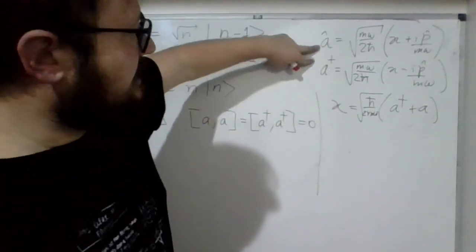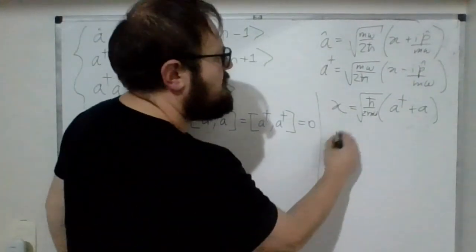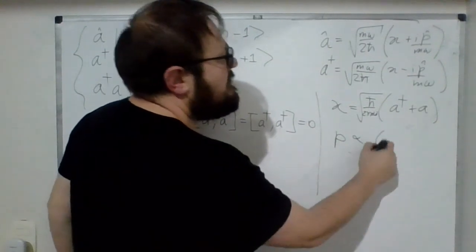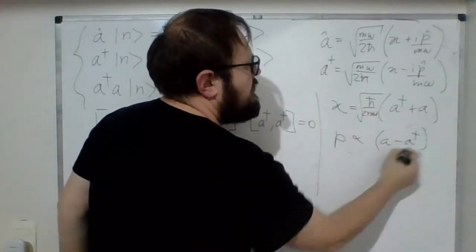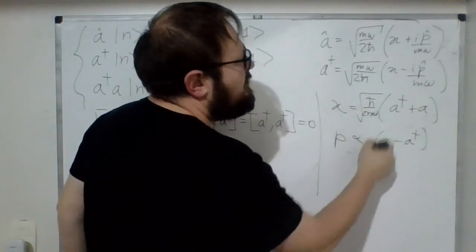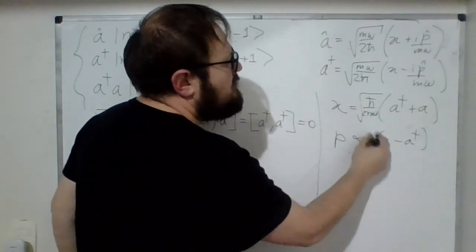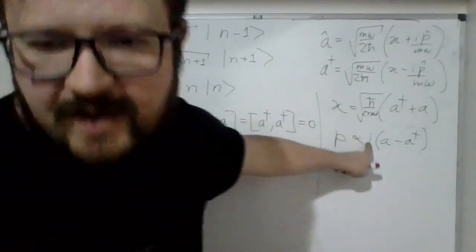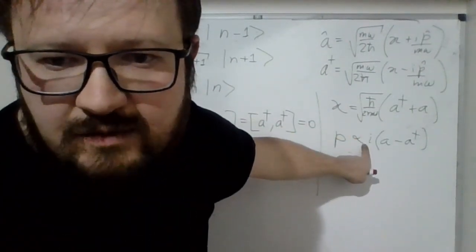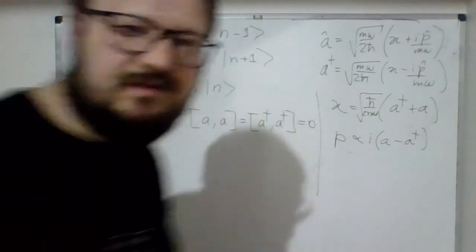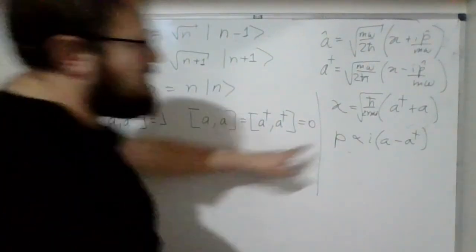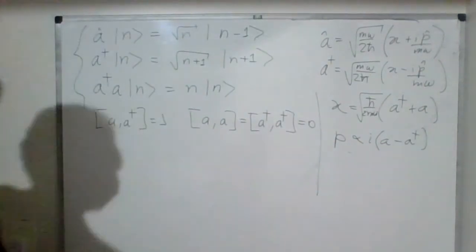But it's just adding up these two equations, and the momentum is proportional to the difference between A and A dagger, but is now proportional to some imaginary unit here. All right, you need to find out what the proportionality constant is. It's left as an exercise, so you can perform the calculations.